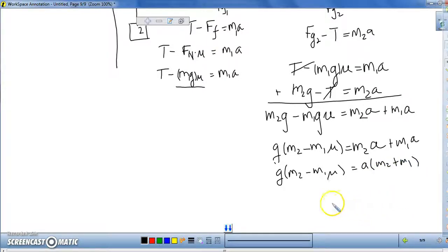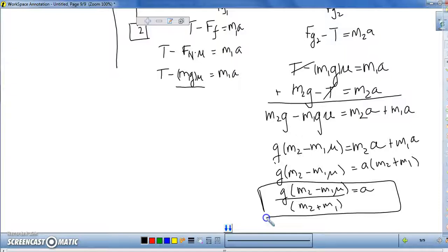Perfect. Now it's showing what I wanted to talk about: M2 minus M1 mu over the sum of them equals A. Perfect. That's much better.